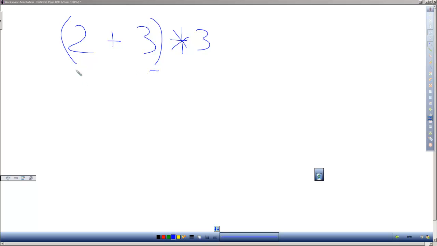If I use parentheses in my C program, that's going to say do that first. So this would add the 2 and 3 together and give us 5, and then 5 times 3 is 15. So the computer would do the same thing. If you want to force the order of operations and force it to do this addition first, or subtraction, then you use parentheses just like you would in solving a math problem.